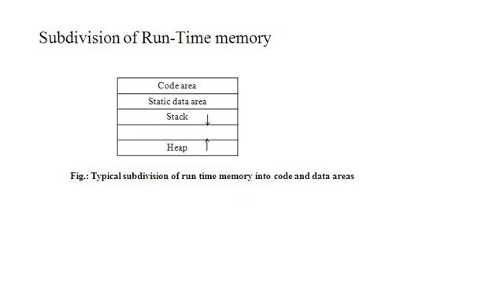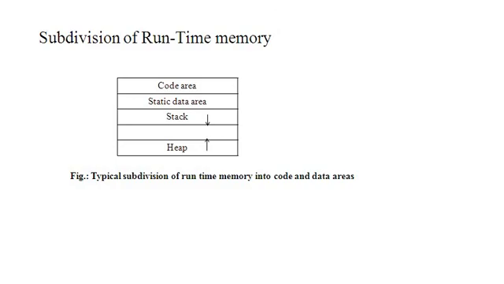The compiler demands a block of memory from the operating system whenever you have to execute any program. The compiler utilizes this block of memory for executing the compiled program. This block of memory is called runtime storage.